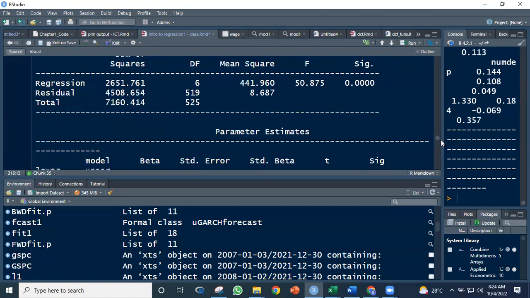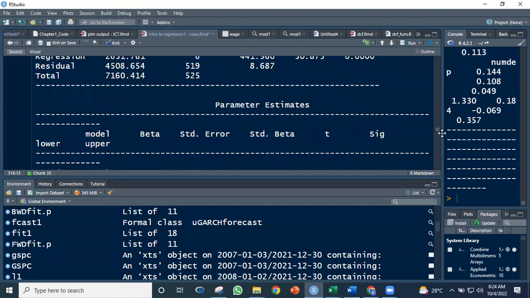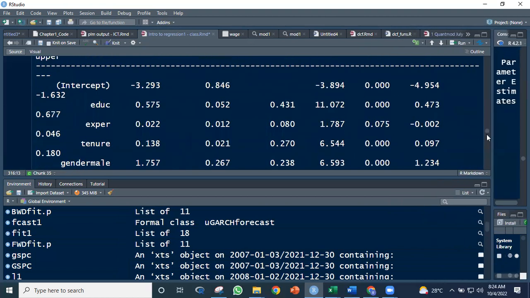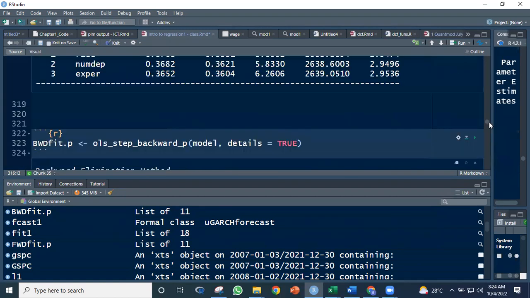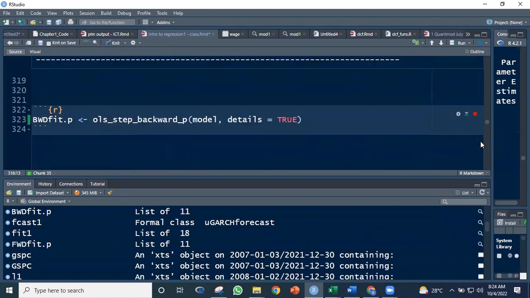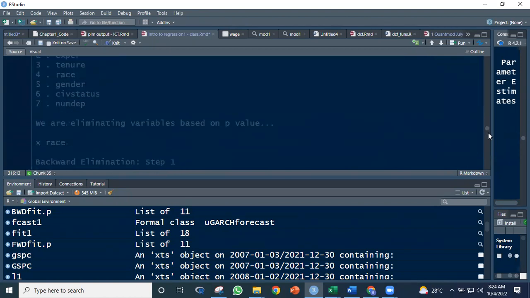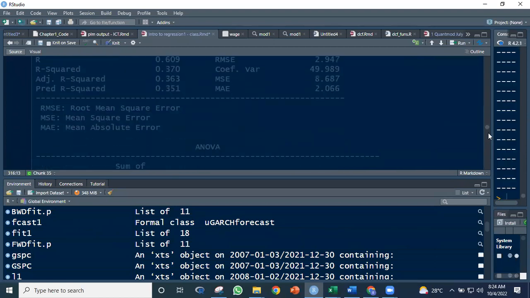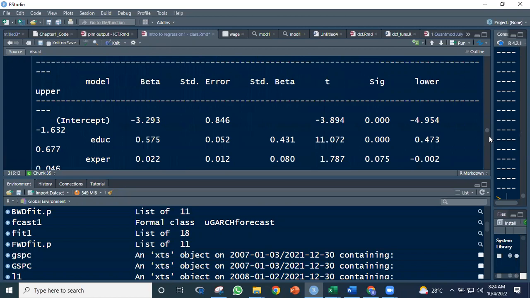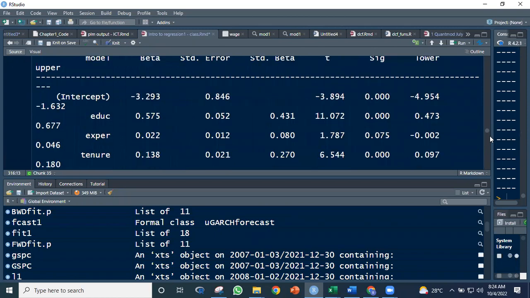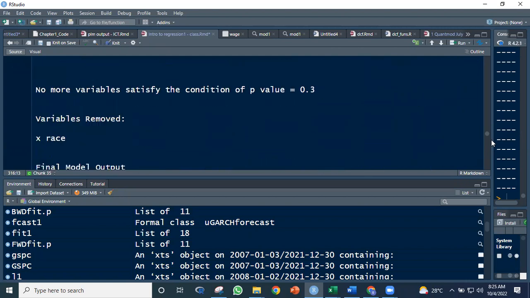Oh wait, what happened here? I think I skipped some lines. Okay, and then it gives us the values of your parameters.